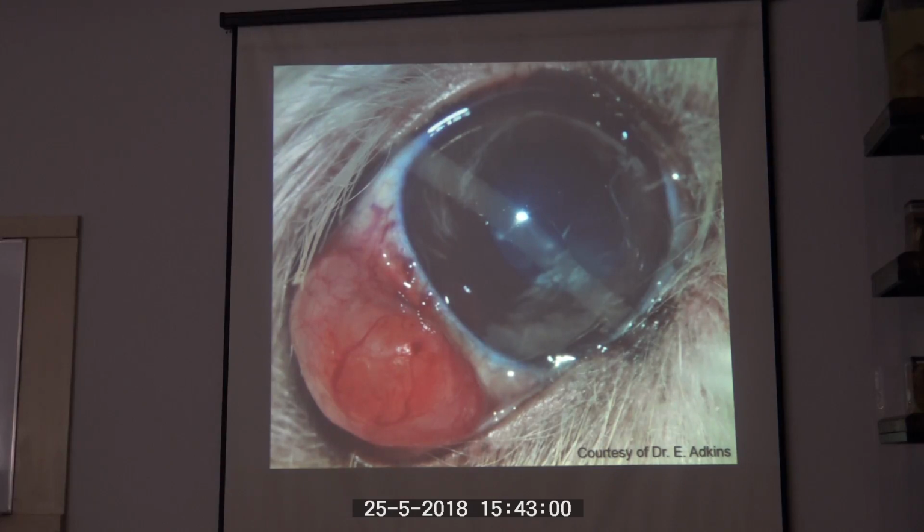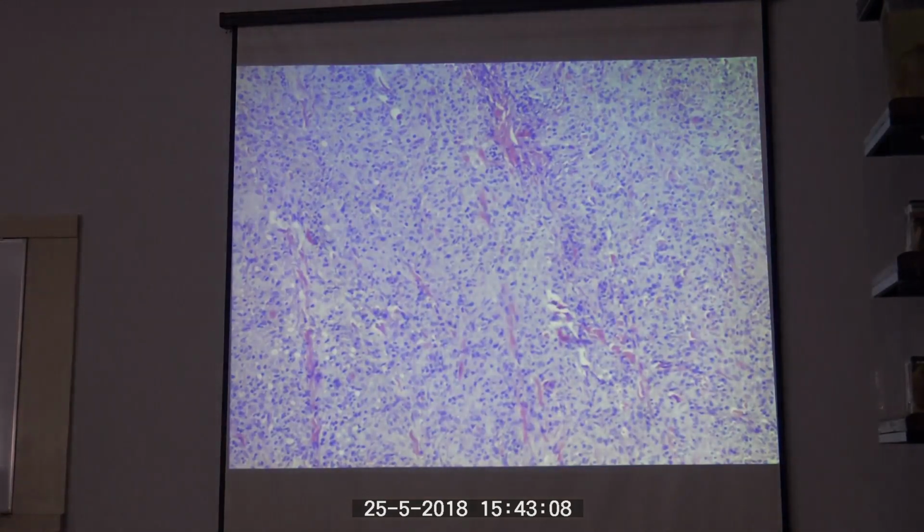NGE has that name because of the location and because of the typical granulomatous type of appearance histologically. And this is something that they may try to treat with anti-inflammatories, because it's thought to represent an exacerbated immune response in that location that leads to this predominantly granulomatous type of inflammation.